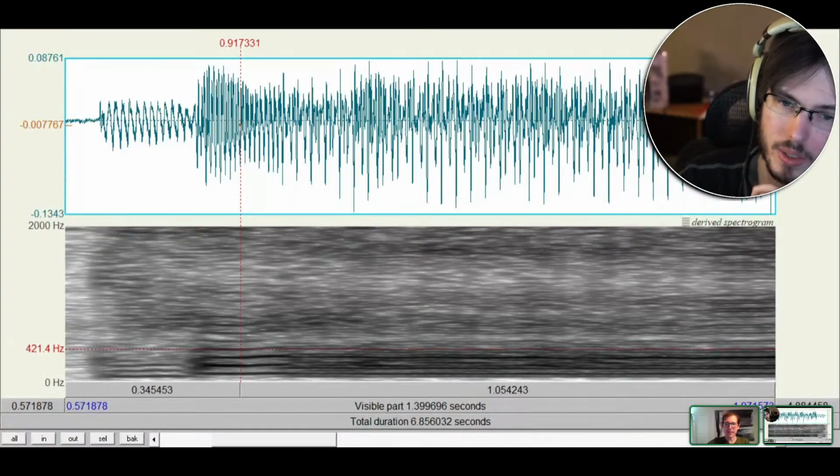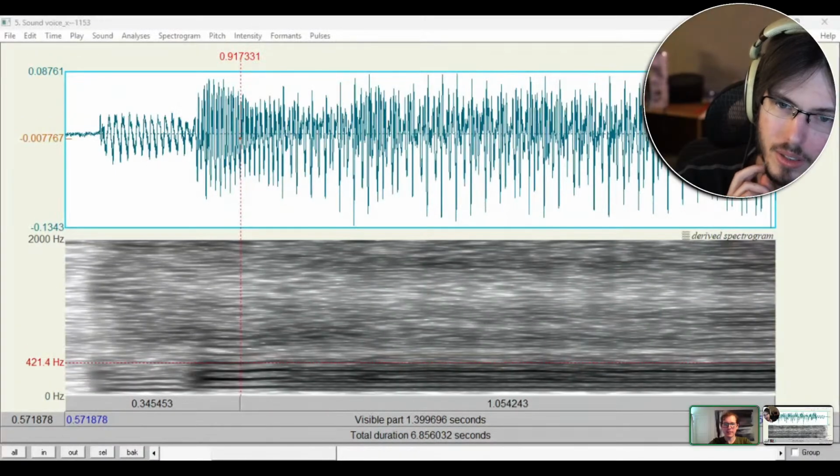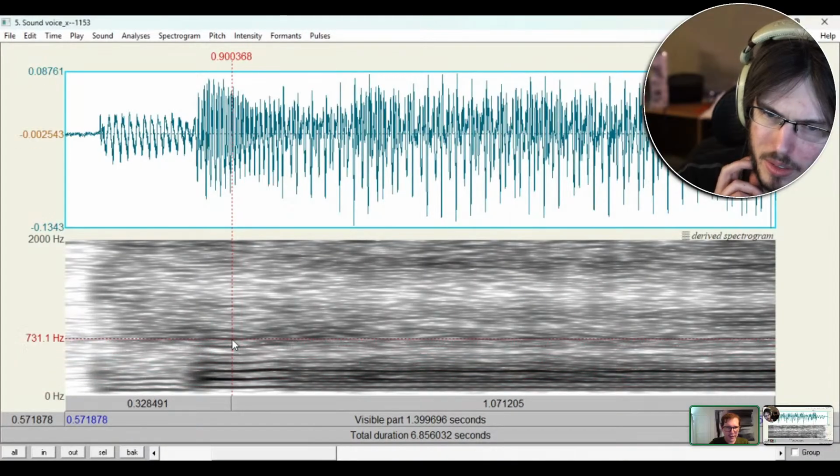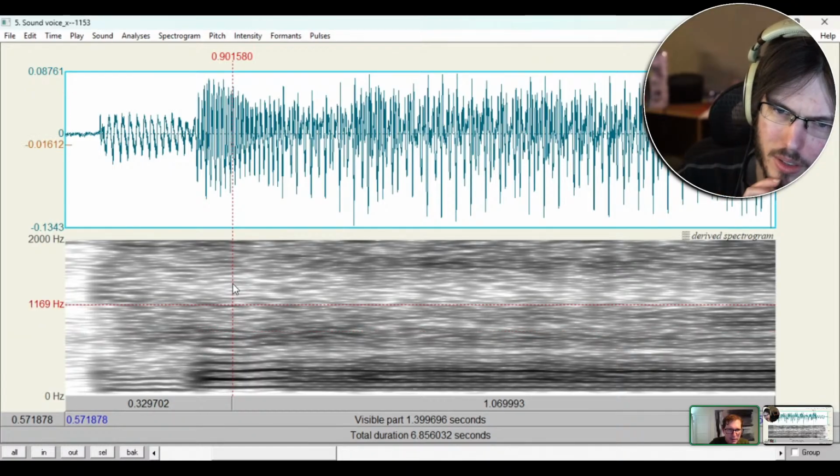I could turn it down. Let's try 50. That helps a little bit. So I can count 1, 2, 3, 4, 5, 6, 7, 8. They get kind of lost up in here. You can sort of see some harmonics popping out, but there's not tons of them here.